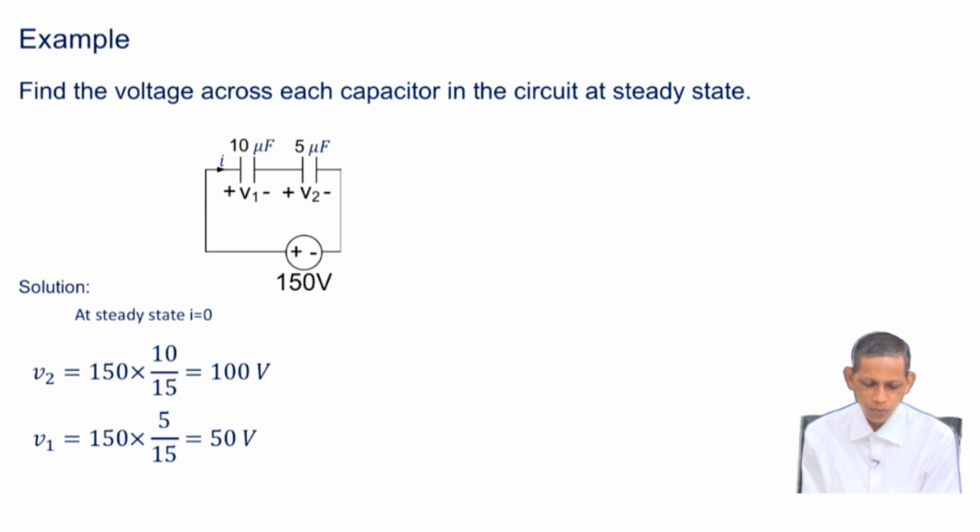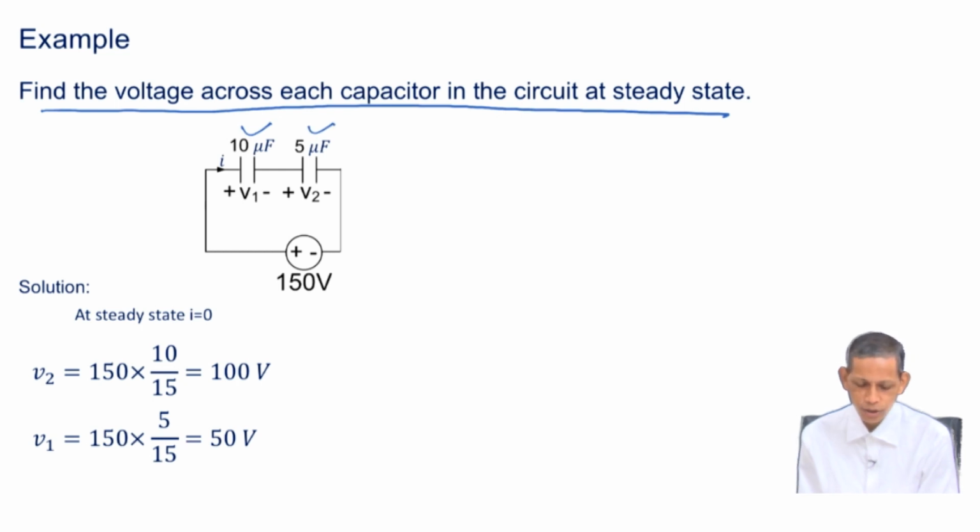So, for example, find the voltage across each capacitor in the circuit in steady state. 10 microfarad and 5 microfarad are connected in series, and at an instant of time the voltage across the combination is 150 volt. So, V1 plus V2 will be 150 volt, and as already said, V2 will be 150 volt into C1, 10, upon C1 plus C2.